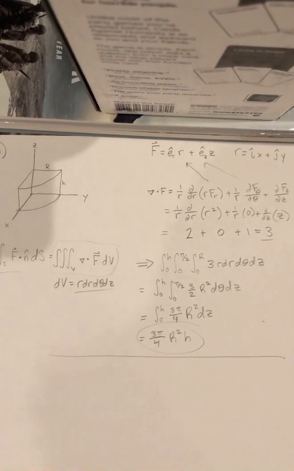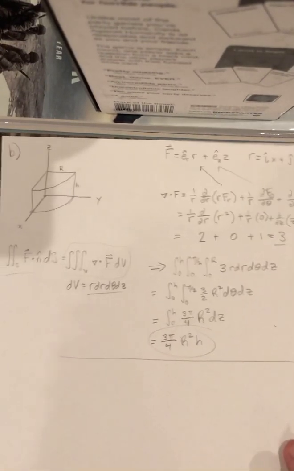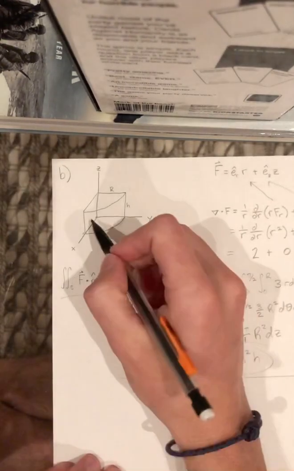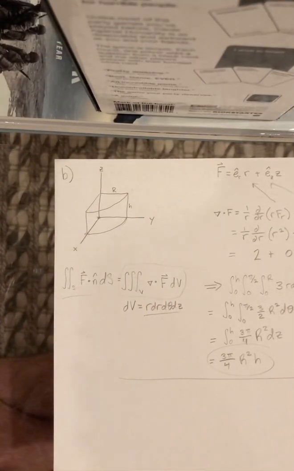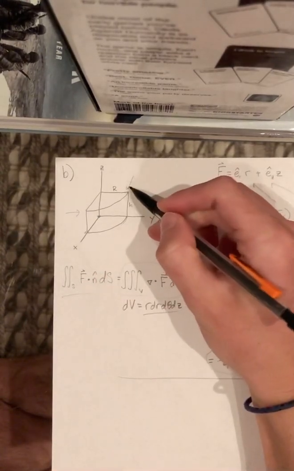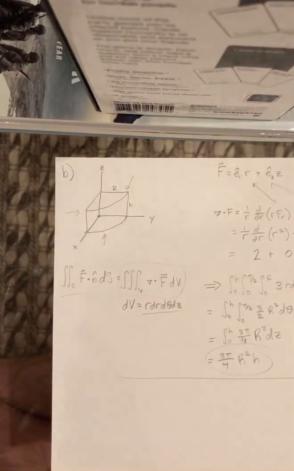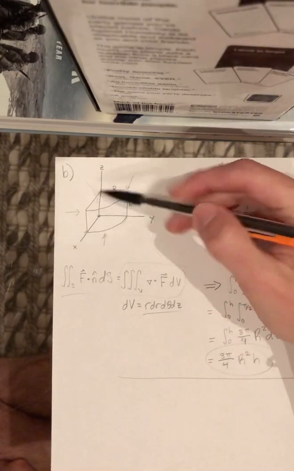So next up for this one, again, the vector field is going to be pointing out from the center, the origin. So this left side, this back side, and the underside can be counted as 0 because they're all going to be parallel to the vector field. What we want to see is this top and this side.